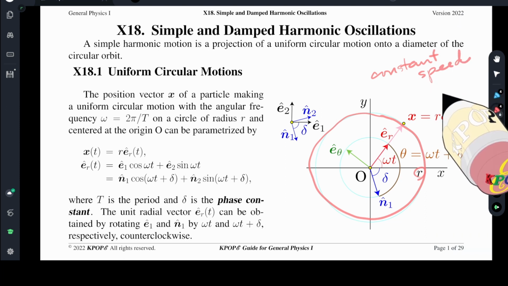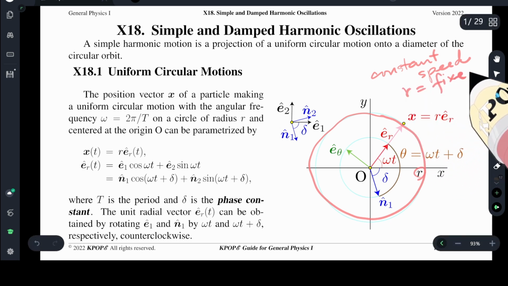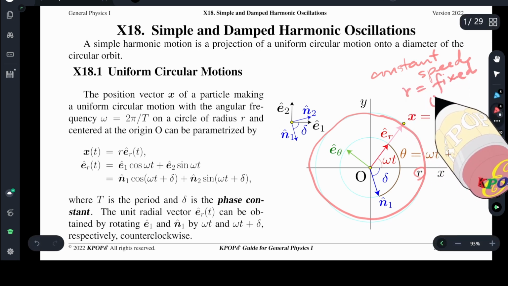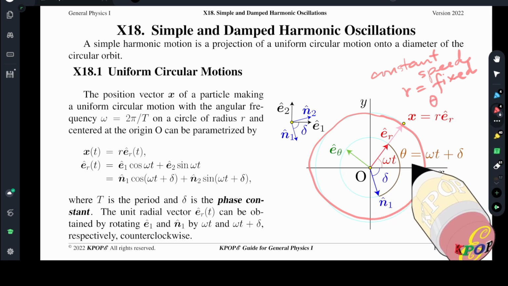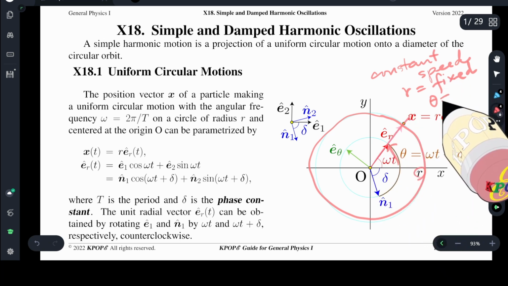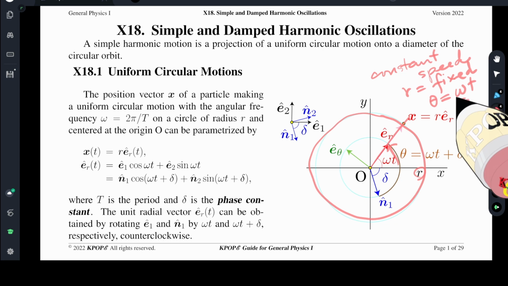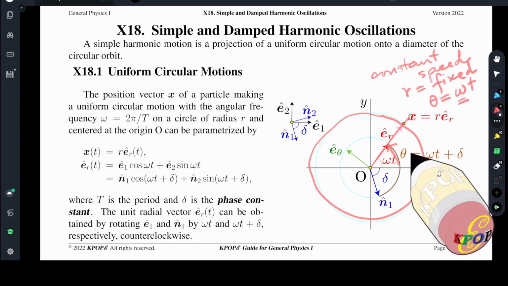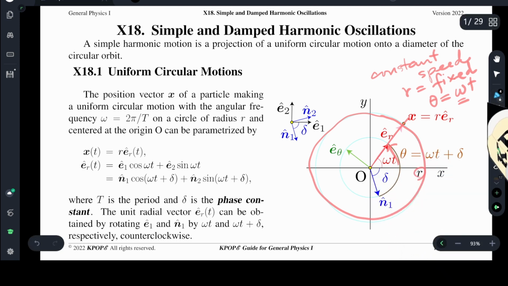That means because the radius r is fixed, we have angle theta measured counterclockwise from the x-axis to the radial direction as a constant angular velocity. So theta equals omega t. It is still a uniform circular motion relative to a different reference frame.